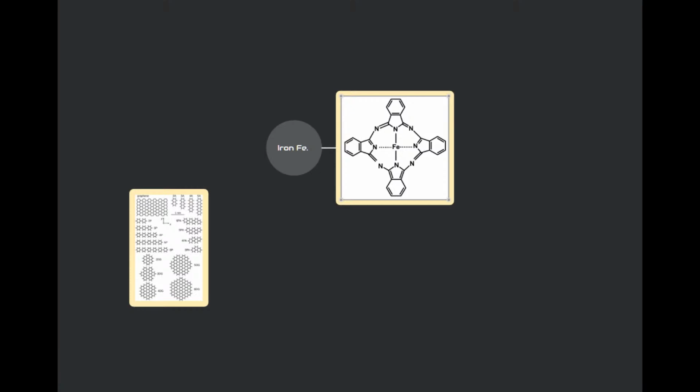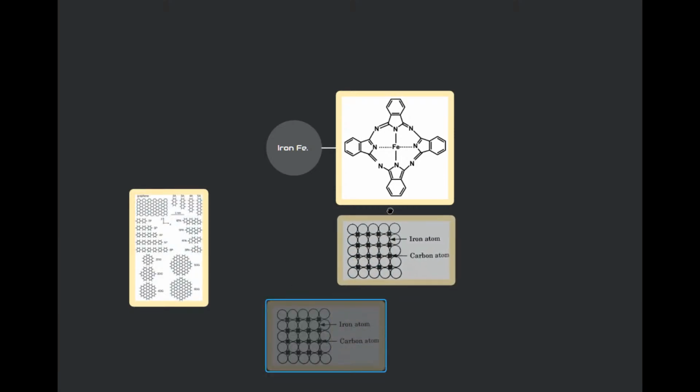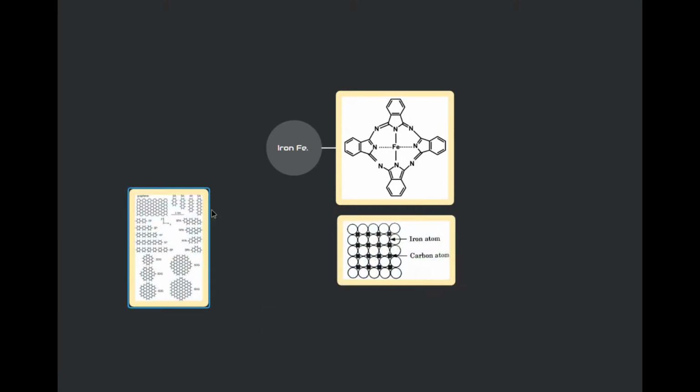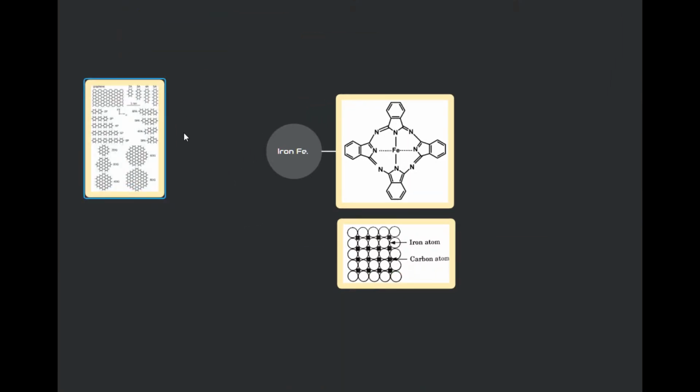Which again is like this. Okay, does this make sense to you all? So again, this is essentially what a carbon atom is. Let's change the thing to the right.